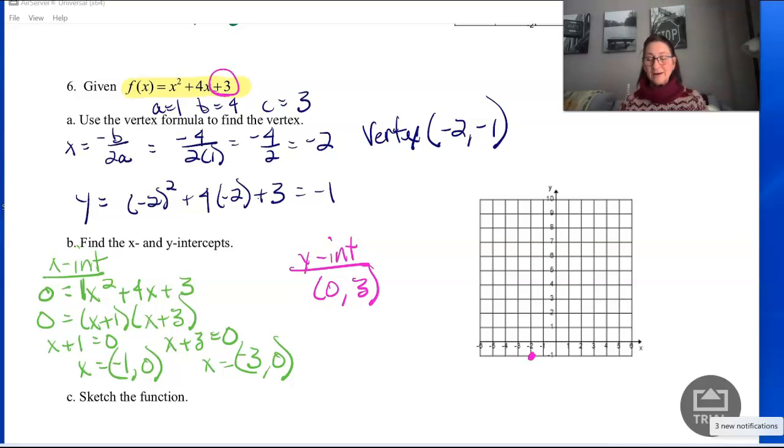Then we've got our x-intercepts, negative 1, 0, negative 3, 0, and our y-intercept of 0, 3. We've got our axis of symmetry right there. So because our axis of symmetry is 2 units, we can go 2 units the other direction and get an additional point, and then we can sketch. There you go. That worked out beautiful.